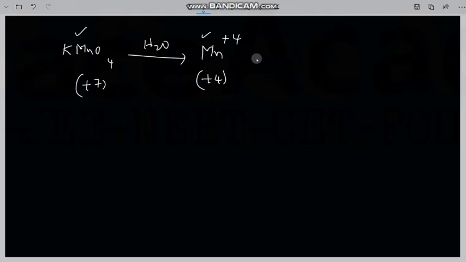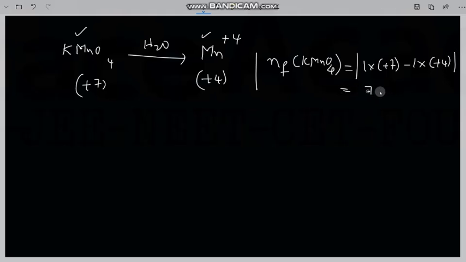Therefore, what is the n factor for this KMnO4 in this chemical change? The n factor equals the modulus of 1 into +7 minus 1 into +4, that will become 7 minus 4, which equals +3, that is 3.